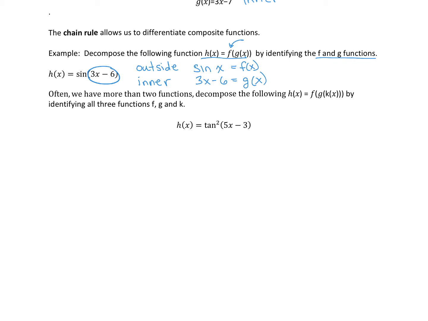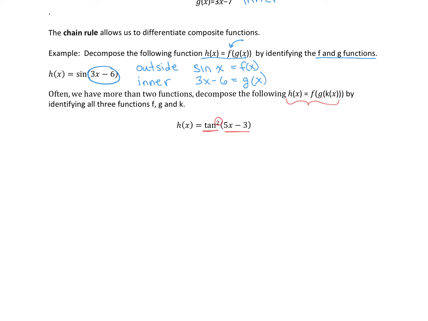Very often in calculus, we don't just compose or decompose two functions. We have 3 or 4 or 5 functions that we're talking about. So I hope you can see here we have a tangent, we have a square, and we have a 5x minus 3. And we want to identify h of x as f of g of k of x.